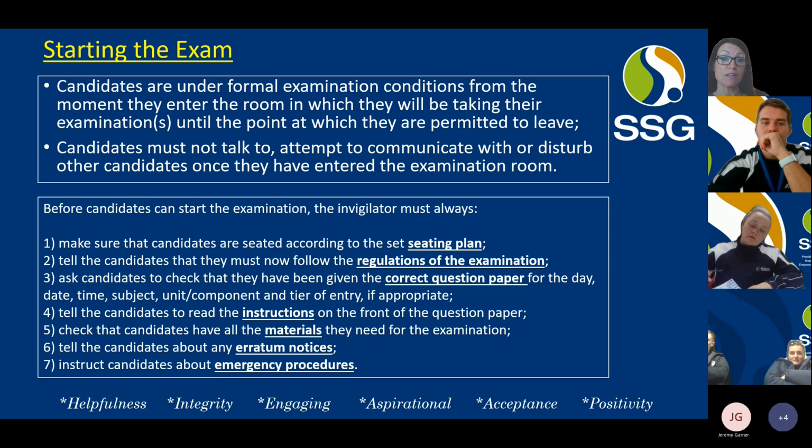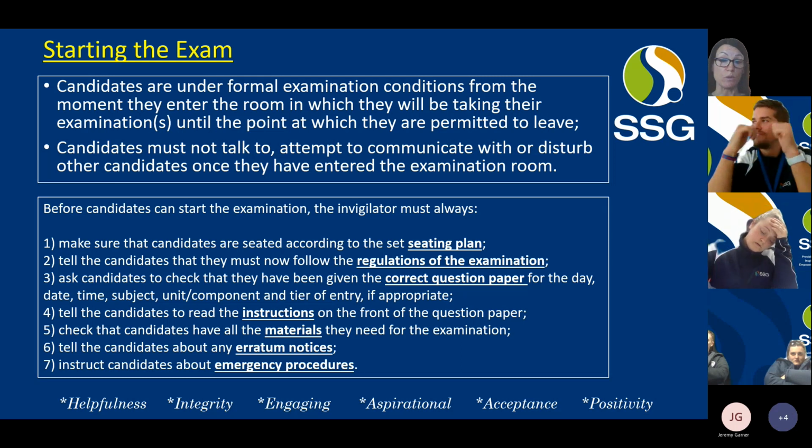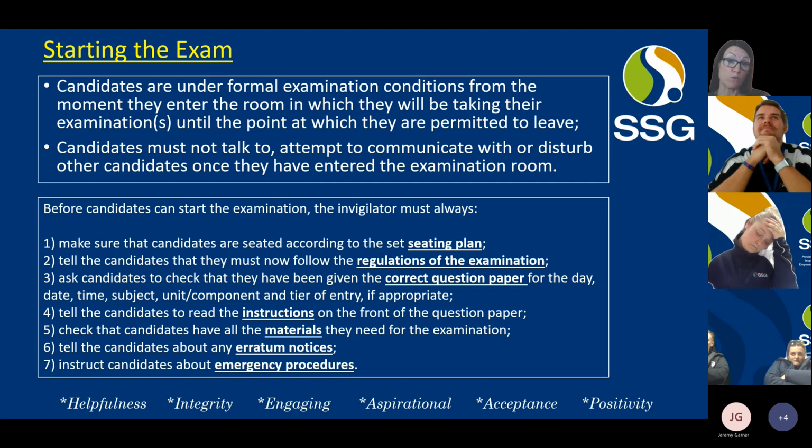Before they can start the exam, the invigilator needs to make sure that they are seated according to the seating plan. You need to tell the candidates that they now must follow the regulations of the exam. You ask candidates to check that they've been given the correct question paper and all of the information on there, so get them to have a look and make sure that that's correct. For GCSE exams, that would have all been written on the board beforehand, so they can do that.